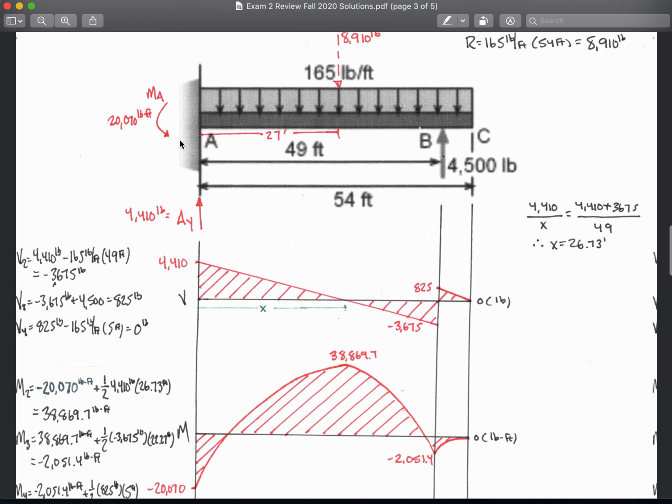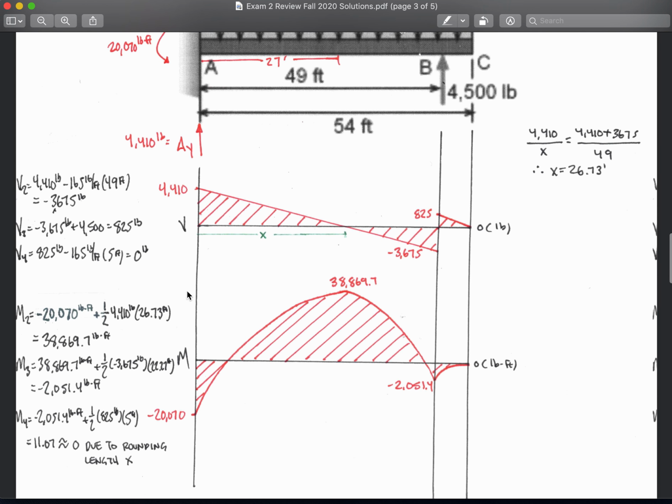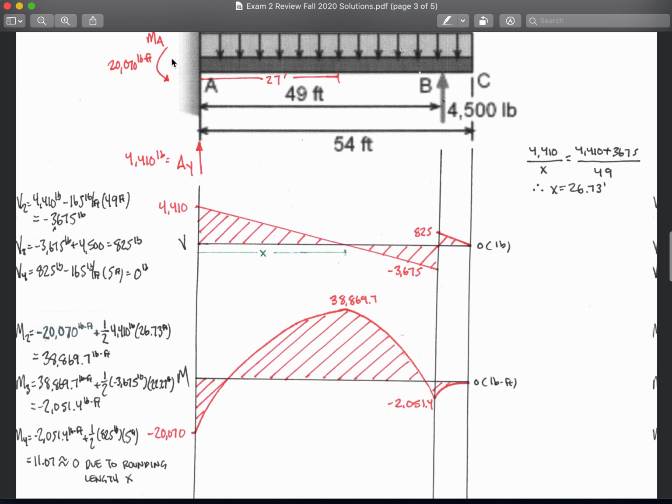A counterclockwise applied moment causes a downward shift in the moment diagram, and a clockwise applied moment causes an upward shift in the moment diagram. So this is counterclockwise, causes a downward shift of its magnitude, so it starts at 0, drops immediately down to negative 20,070 pound-feet.